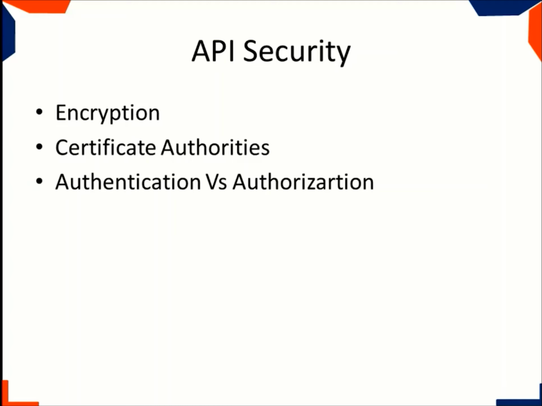What is the difference between both of them? You will understand. So let's go to one of the most important things when it comes to APIs, the API security, and how the encryption actually happens.